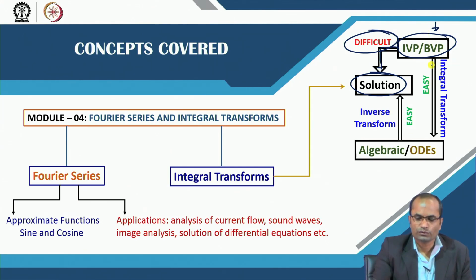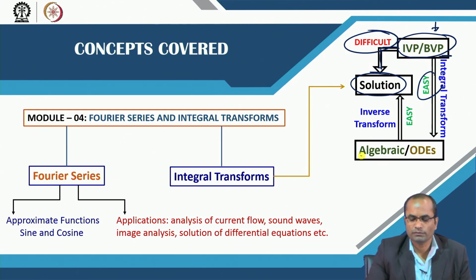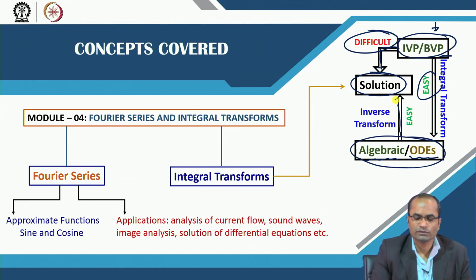So, what we usually do is apply the integral transform to the initial value and boundary value problem, which is normally easy, and it converts the problem to a simple problem, either an algebraic problem, or, when we are talking about partial differential equations, the integral transform will convert them to ordinary differential equations. In either case both are easy to solve, and then we apply the inverse integral transform to get the solution again.